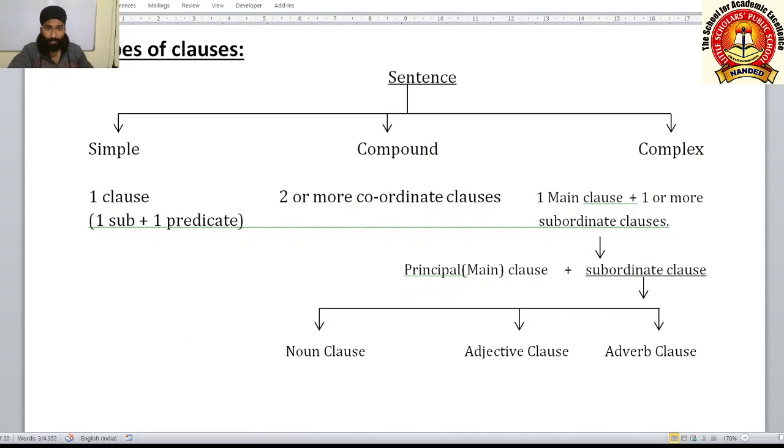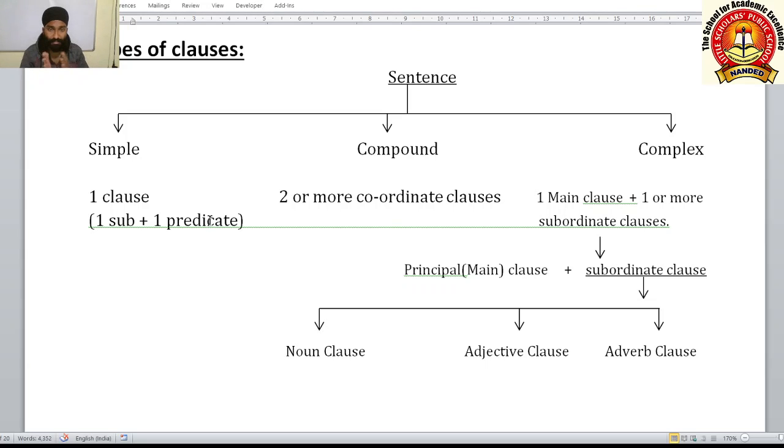Now let us proceed to understand the structure of sentence, types of clauses. A sentence has three parts depending upon its structure, how it is made up. Simple sentence has one clause. Means only one simple clause is there, principal clause, one subject and one predicate. A subject is that which does an action in the sentence or something is said about that subject.